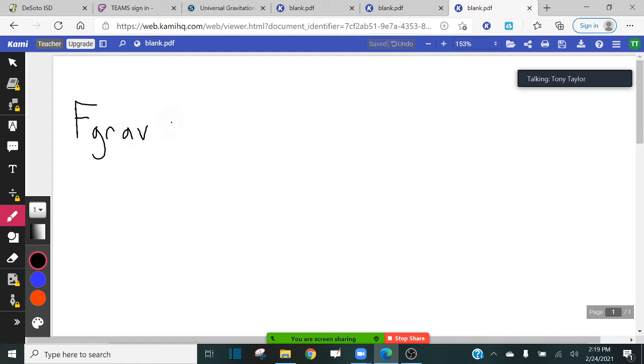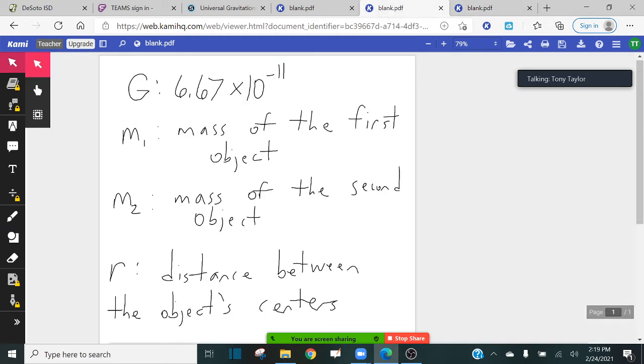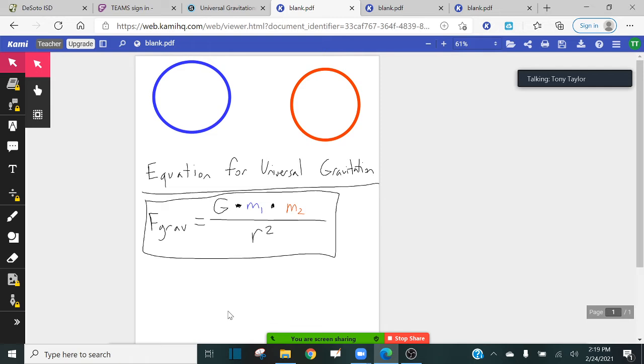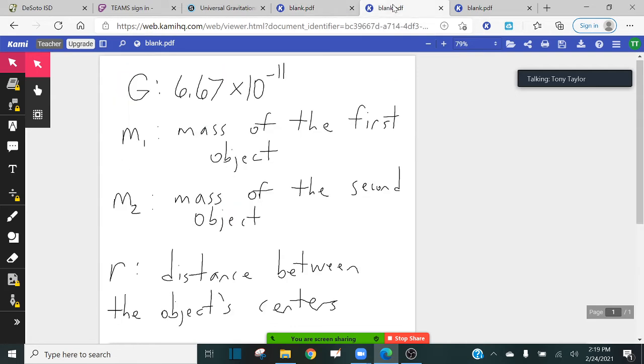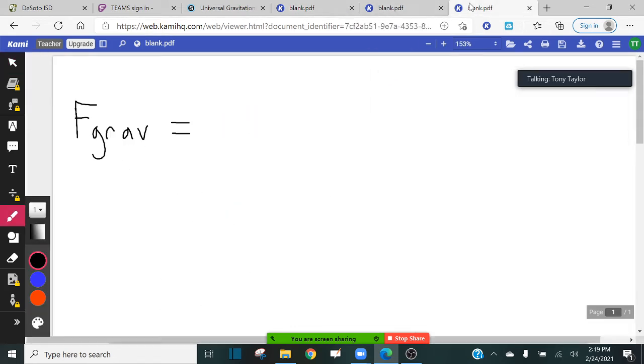So the equation for the force of gravity is equal to big G. Guys, big G is always going to go in your equation. What is big G? It is 6.67 times 10 to the negative 11. So this number is going to go in every single problem.